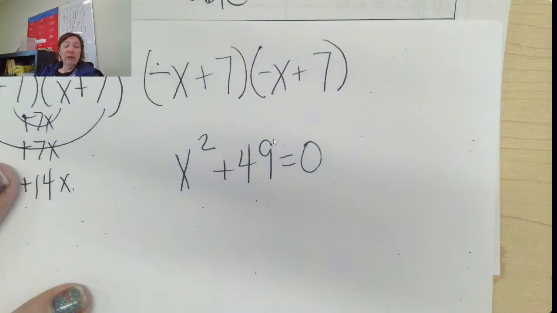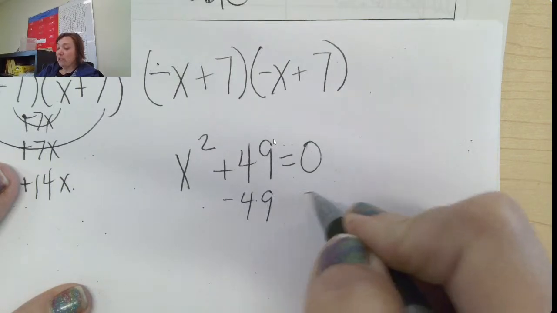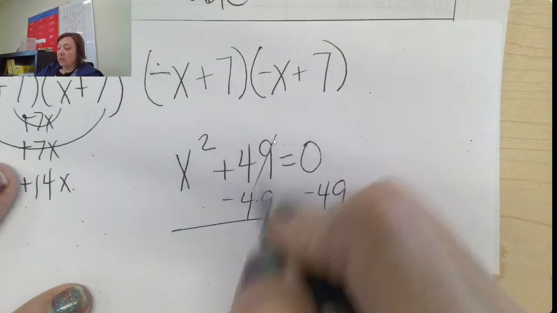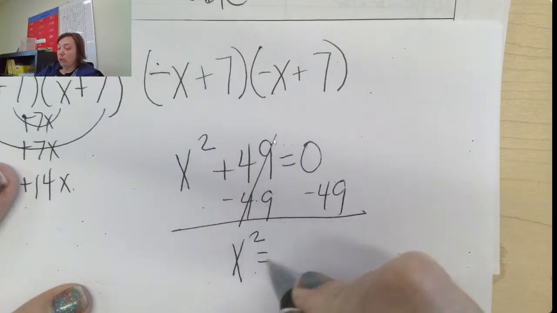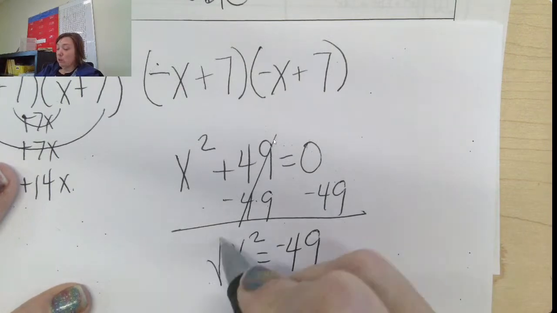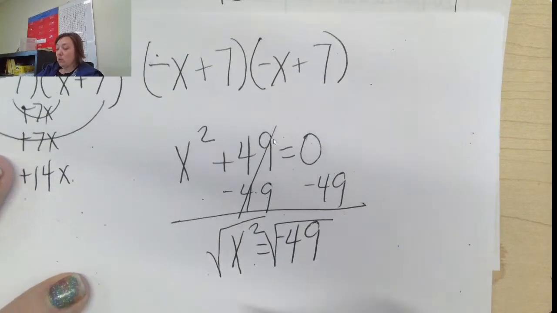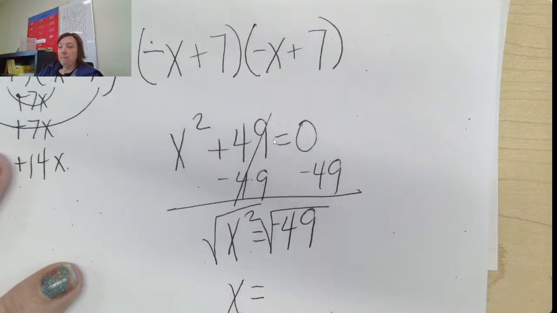So if we're solving this, then our first step would be subtract 49, right? So we do that to both sides. So we have x squared equals negative 49. Then you would square root it. So on your calculators, take the square root of negative 49. Tell me what you get.